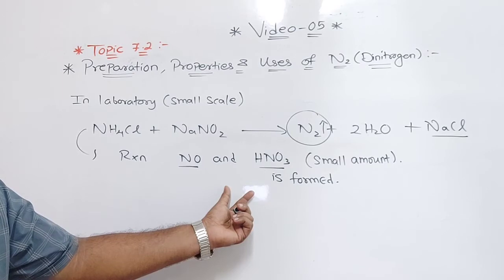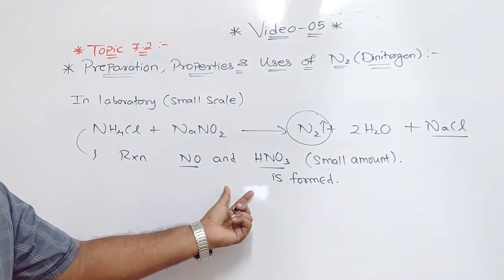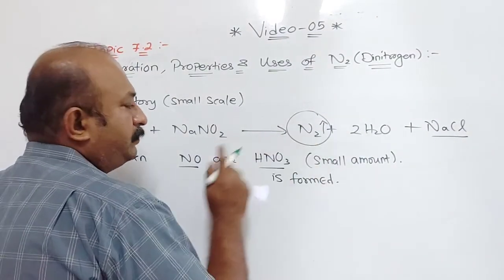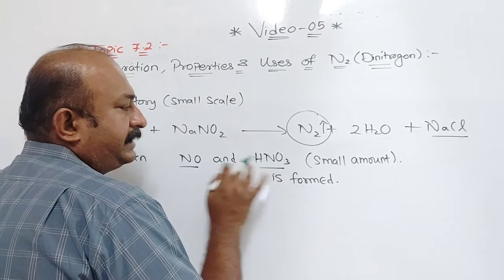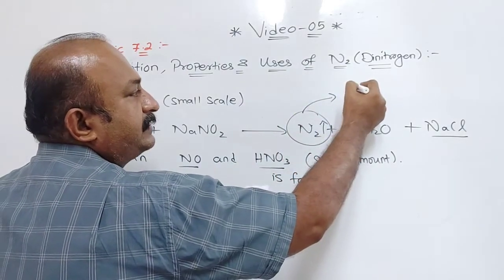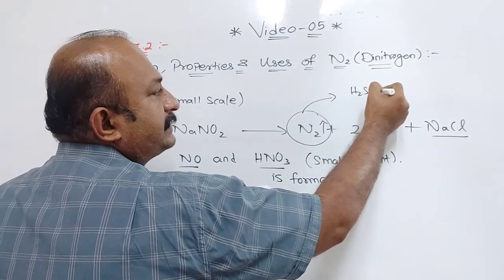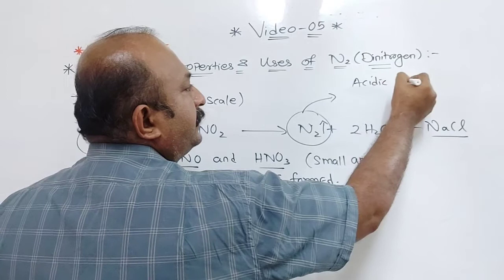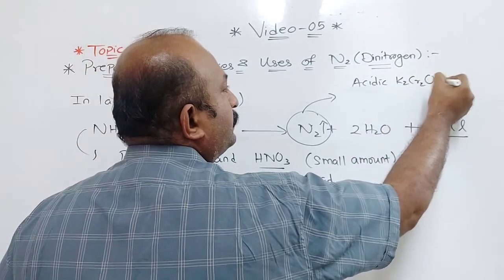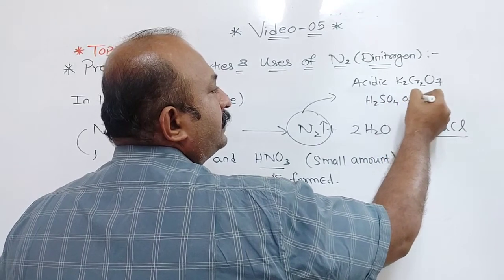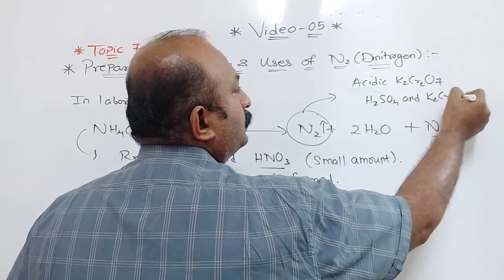These impurities are removed by passing the gas through aqueous H2SO4 containing K2Cr2O7, that is, acidic K2Cr2O7, or you can write H2SO4 and K2Cr2O7.